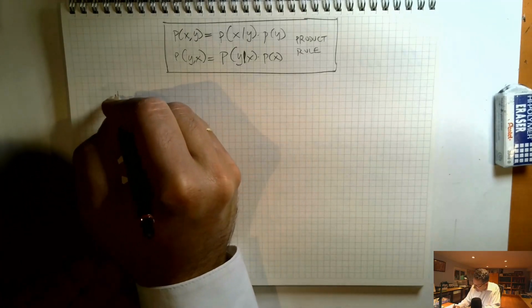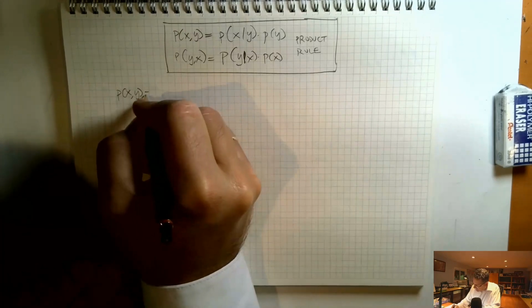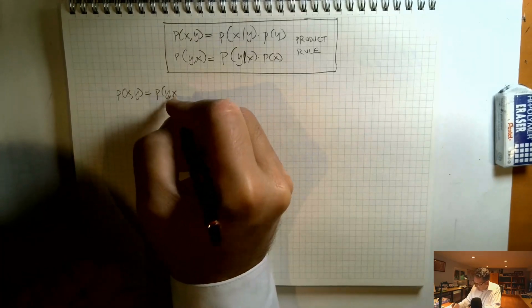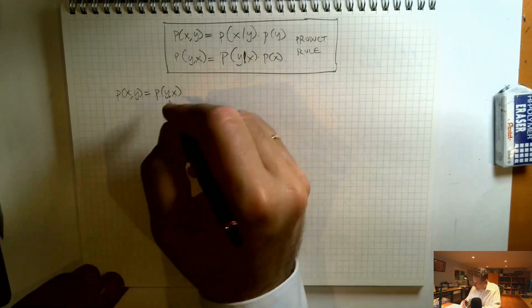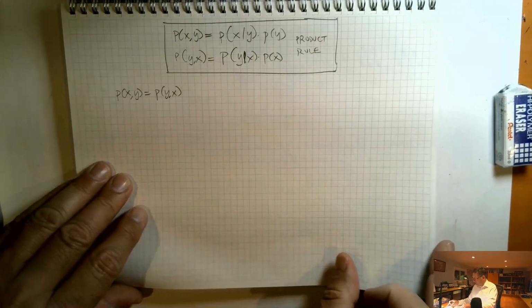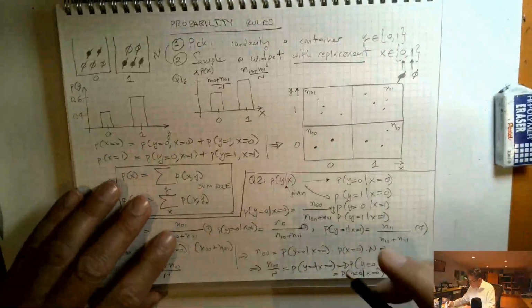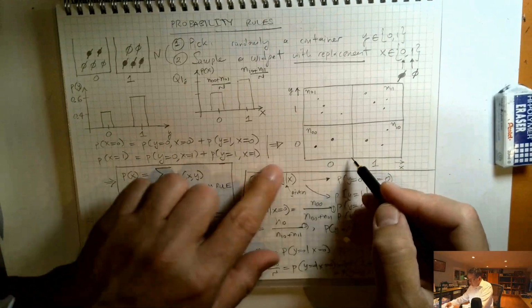Given that P of x comma y is equal to P of y comma x, we do not really change anything by swapping the variables around. And effectively, you can see that also in the diagram, because they point to the same quadrant.